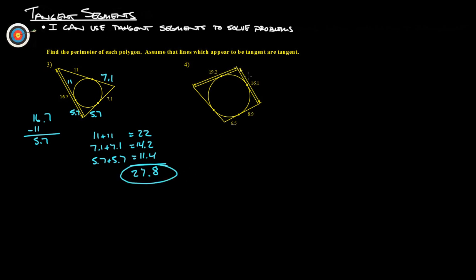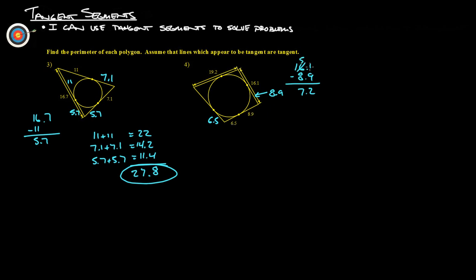Okay, and then this one over here, same idea. This is 6.5, so this is 6.5. That's 8.9, so this part right here is 8.9. We know the whole thing is 16.1, so 16.1 minus 8.9 is going to be 7.2, right?